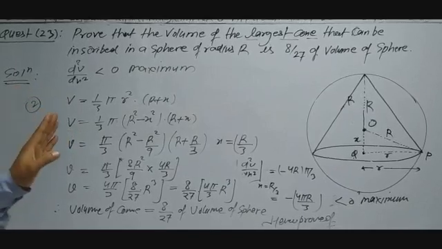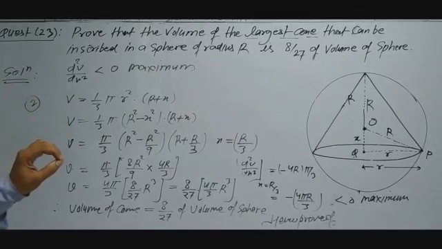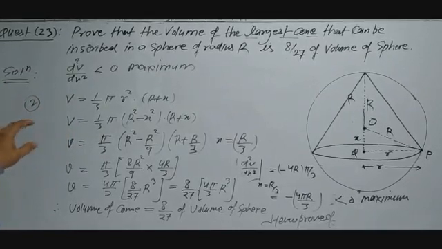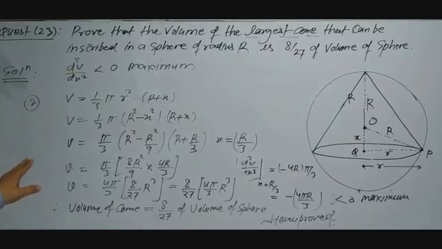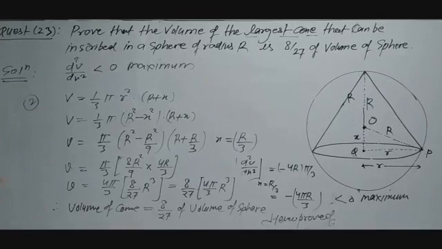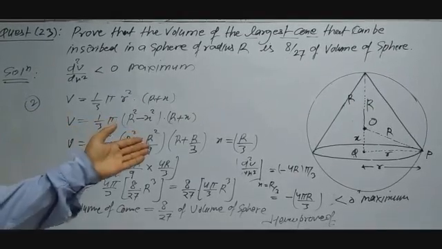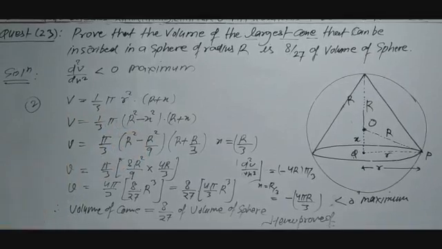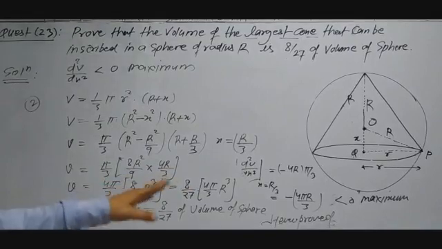After putting the values, you change all the variables in terms of capital R and small x. Now differentiate with respect to x, you get dv by dx. Equating to 0, you get x equal to r by 3. Then differentiate again, you get a negative result at this point, so this will be maximum.